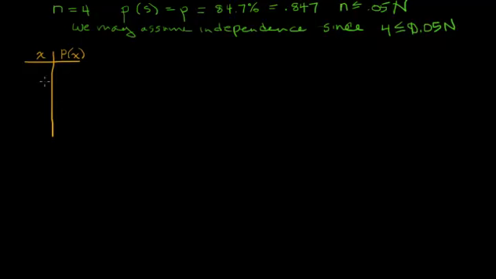It's a table or a formula or a graph that shows us for each value of the random variable its probability. So what are the possible values of our random variable? Well, we could have 0 of the 4 flights on time. We could have 1, 2, 3, or 4. And that's it. Those are all the possible values of the random variable when 4 is the number of trials.